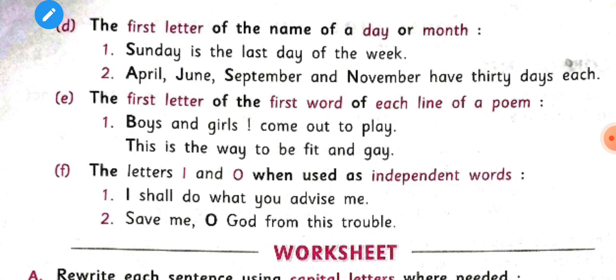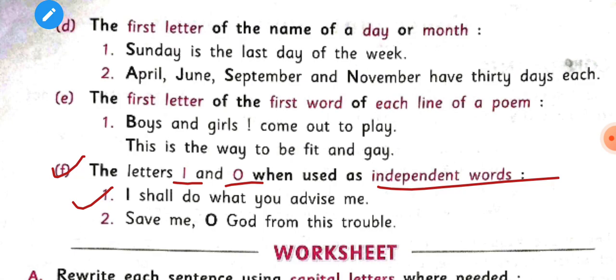And the next rule, the letters I and O when used as independent words, we have to write capitals. For example, I. Whenever you write I, then I will always be capital.